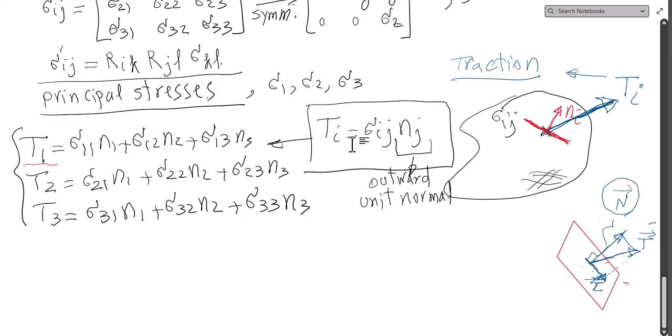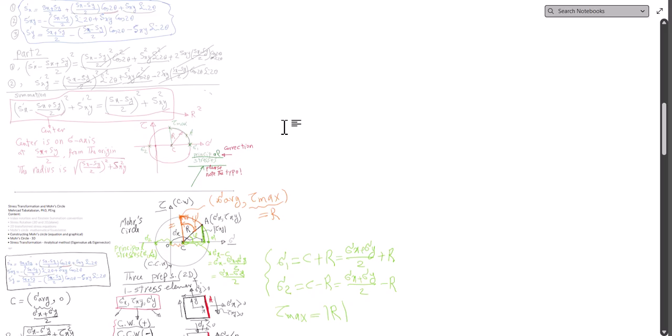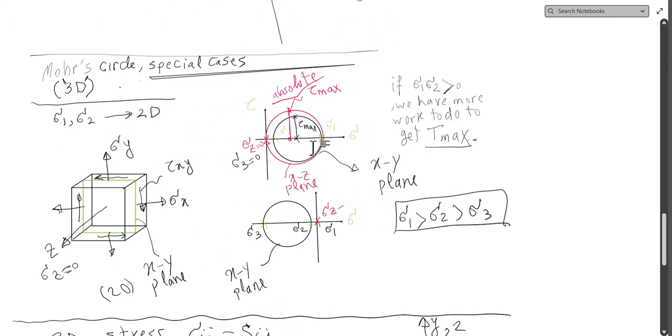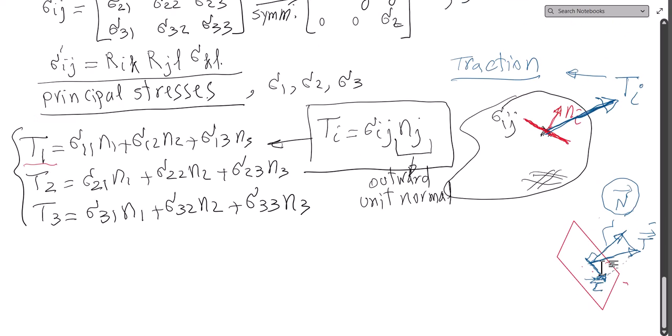That was the definition that we had before, right? For principal stresses, if you recall, for example here, sigma 1 and sigma 2, these are principal stresses, and at that orientation, the shear is 0. We want to do exactly the same thing, but in 3D. So I want to find an orientation Ni such that my N becomes maximum.